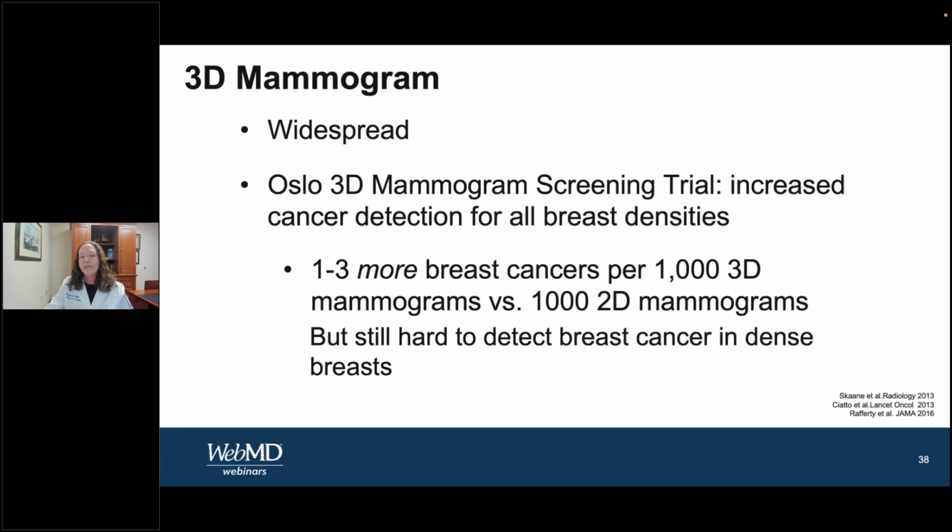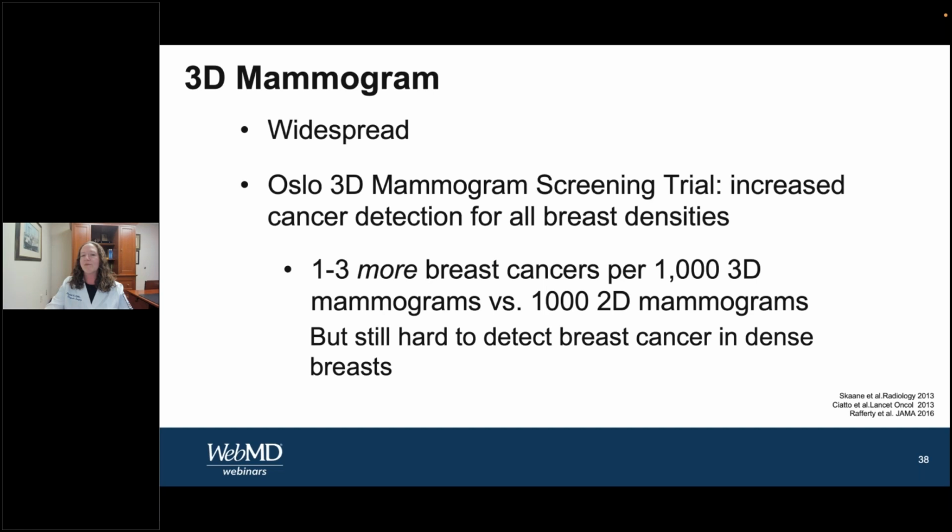So 3D mammograms now are really very widespread. It's almost not fair to consider them a supplemental screening option anymore because they're really becoming the standard of care. There was a large screening trial called the Oslo 3D mammogram screening trial that showed increased cancer detection for all breast densities in women who underwent a 3D mammogram compared to a 2D mammogram.